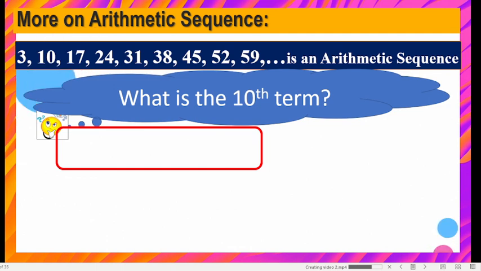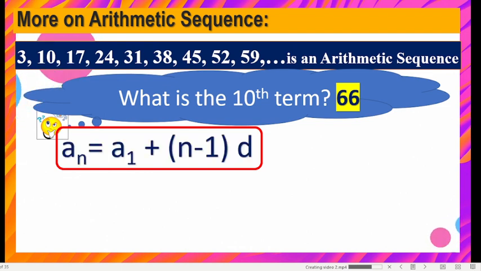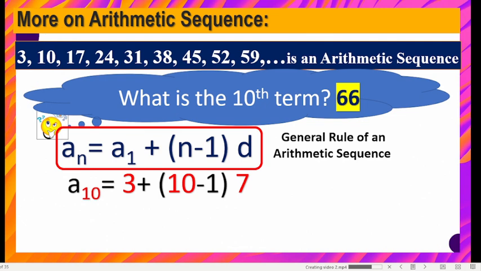For us to find the 10th term of the given arithmetic sequence, again, from our previous example, the 10th term is 66. So using the general term for an arithmetic sequence, we have a sub 10 equals 3 plus the quantity 10 minus 1 times 7.